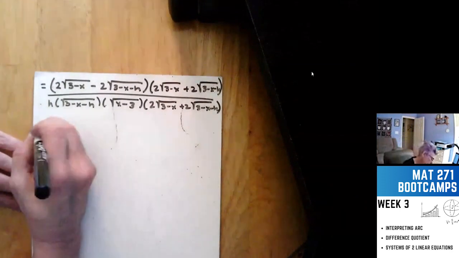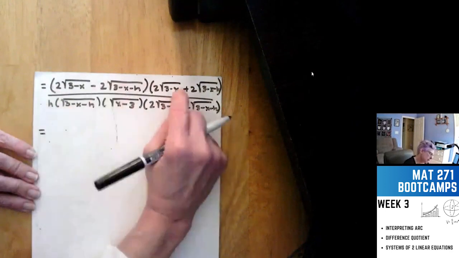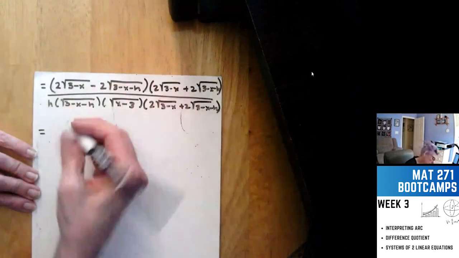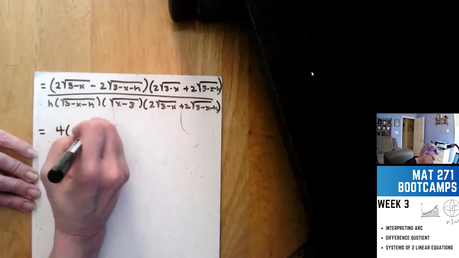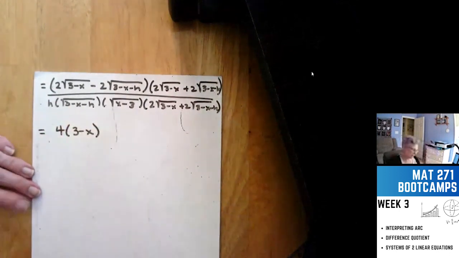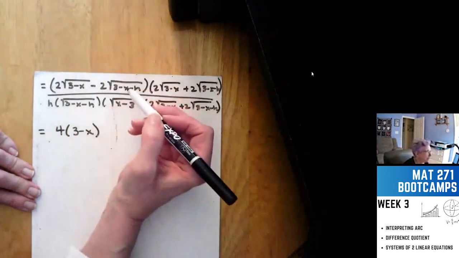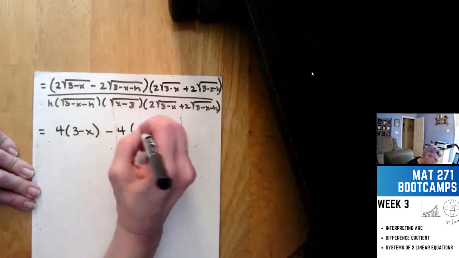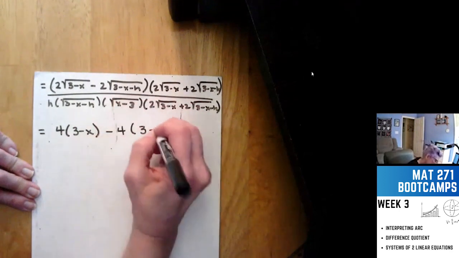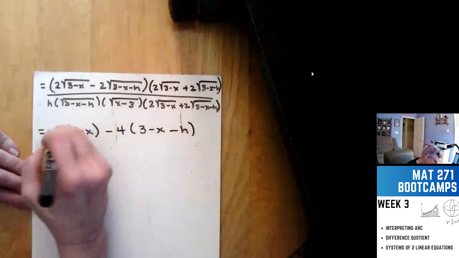Yay for the conjugate. So 2 times the square root of 3 minus x, 2 times the square root of 3 minus x gives me 4 times 3 minus x. Outers and inners disappear. Last gives me minus 4 times 3 minus x minus h.